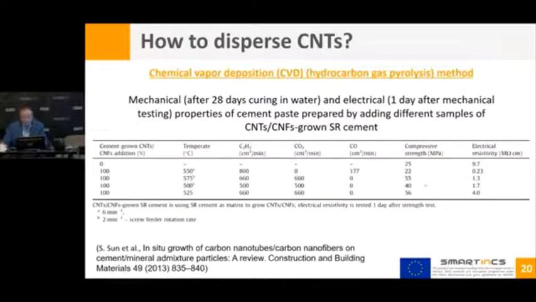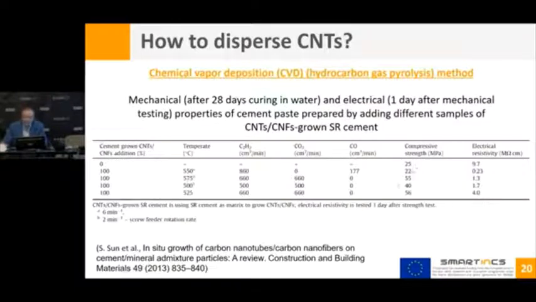And as you can see, with respect to the reference material that didn't contain any carbon nanotube, or with respect to the second material there, which contained carbon nanotubes that were not grown but were mixed into the cement phase using just a blade for mixing, the dispersion in this case was not so good because the compressive strength was a little bit lower, 22 megapascal instead of 25.